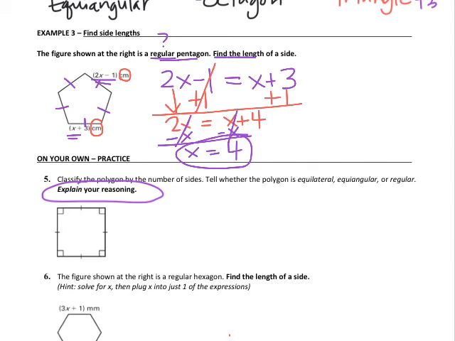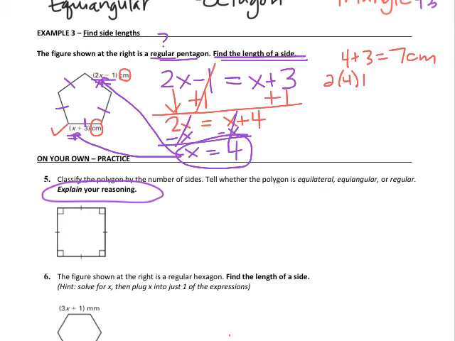Now it tells us to find the length of a side. It didn't say just solve for x. So I'm going to have to go ahead and plug my 4 back in here. And just to verify, I want to plug it back in here as well. So let's go ahead and do that work over here. So 4 plus 3 equals 7 centimeters. Okay, so that means we checked that one. And then I'm going to go ahead and say 2 times 4 plus 1.